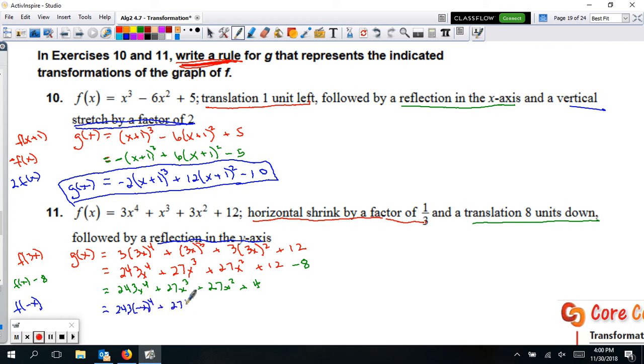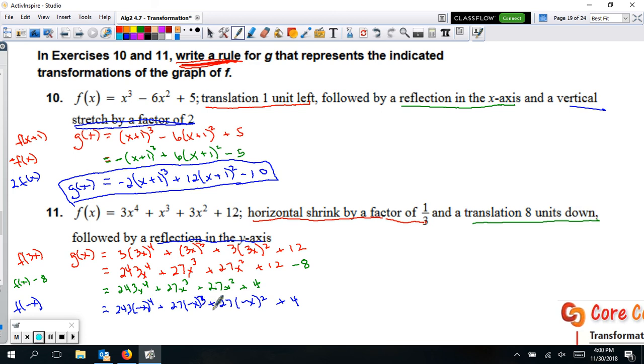This is 27, a negative x to the 3rd power here, plus 27, and a negative x to the 2nd power here, and then our plus 4. 4 does not get affected because in the y-axis it's only the x's on the inside getting affected, not the outside of every term. So now sometimes this does affect the outside if you are going to end up with either an even number of negatives or an odd number of negatives.